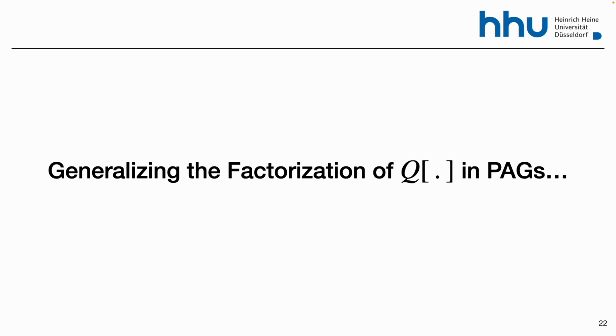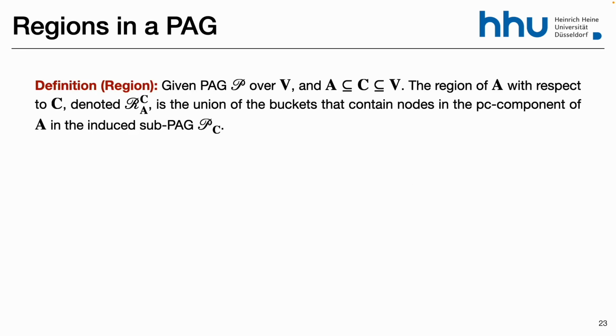So now, we stopped here last time. And the last part of the algorithm is to factorize the Q into sub-problems. And I said that this is in terms of regions. So let's see what regions are in pegs. Given a peg over V, imagine that I have these subsets here.